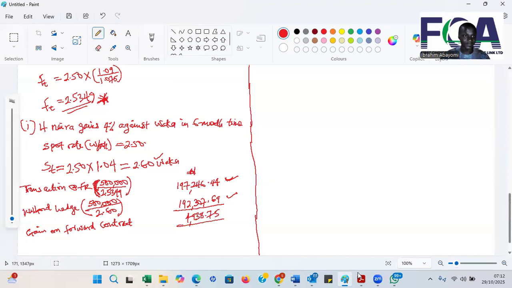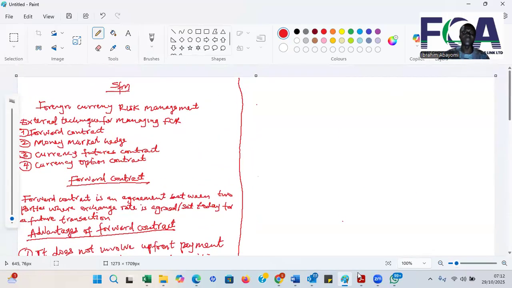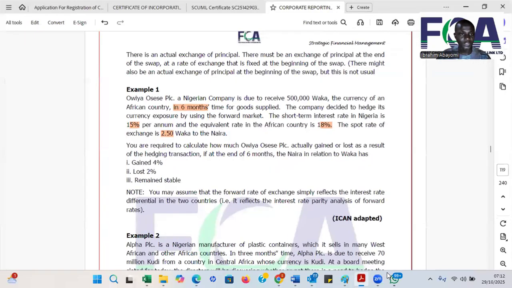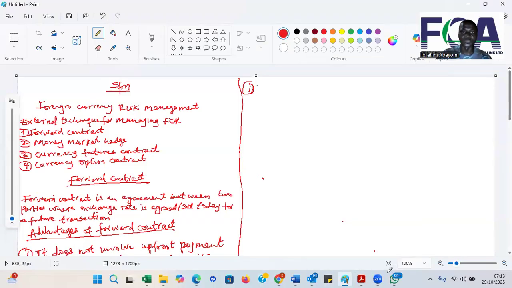That is if Naira gains 4%. So the second requirement is, what if Naira lost 2% against the Waka?